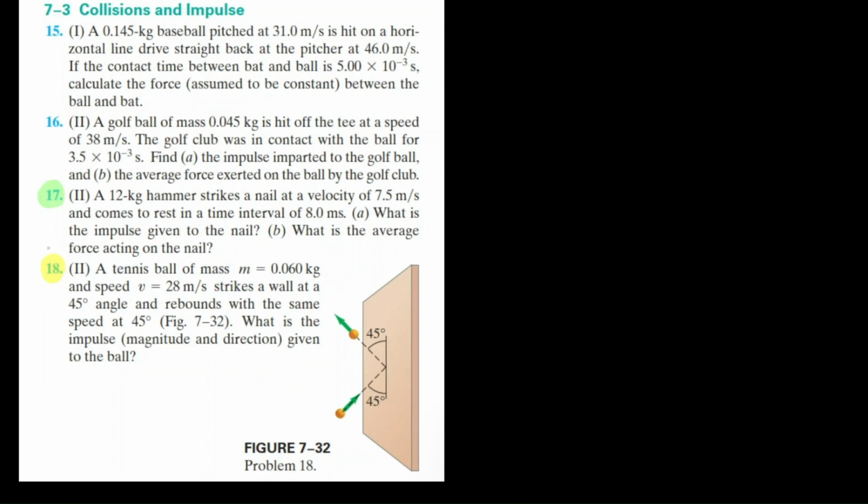A tennis ball of mass 0.06 kilograms at a speed of 28 strikes a wall at an angle of 45 degrees and rebounds with the same speed. What is the impulse, magnitude as well as direction? So we're going to do this together because this is two-dimensional momentum.